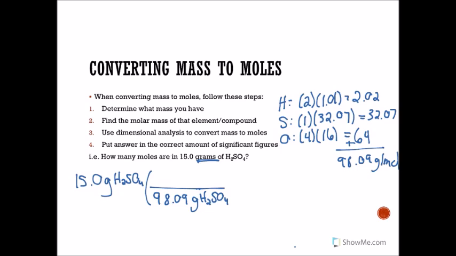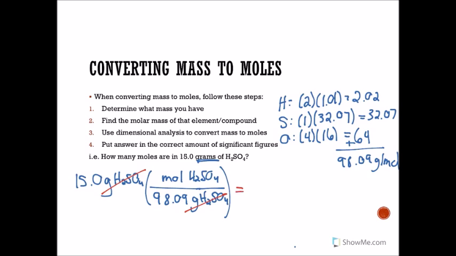The number does not go with the moles. And since grams goes on the bottom, we know moles needs to go on the top. Moles of sulfuric acid, which makes sense because our grams cancels off from the top and bottom, and we're left with moles.